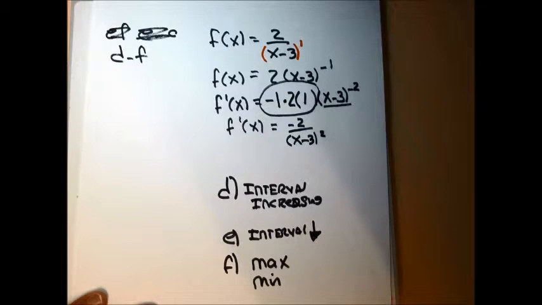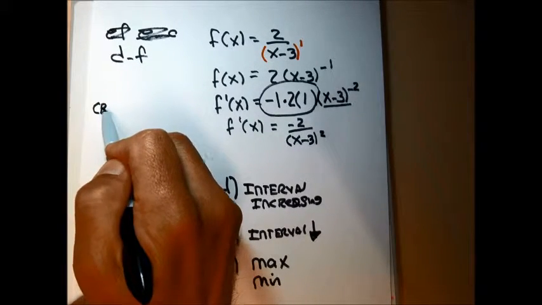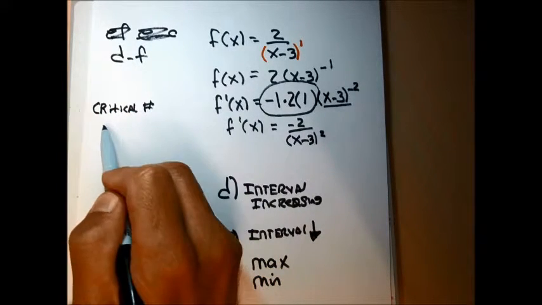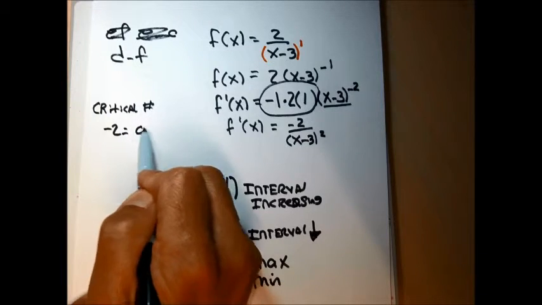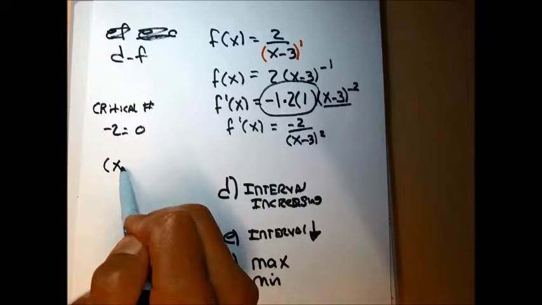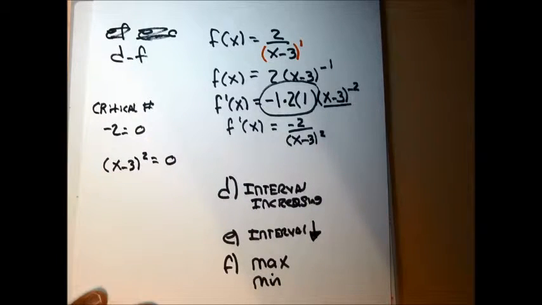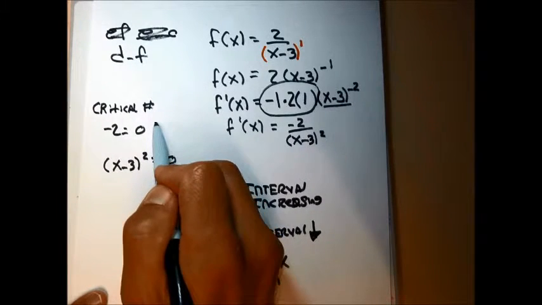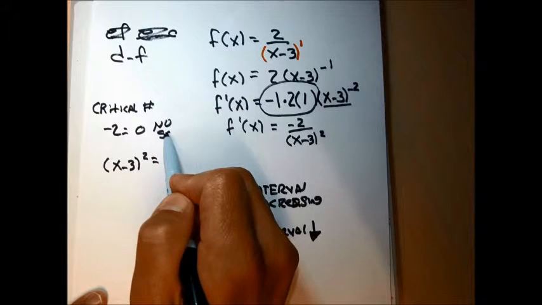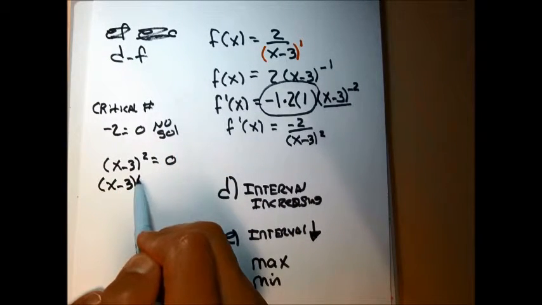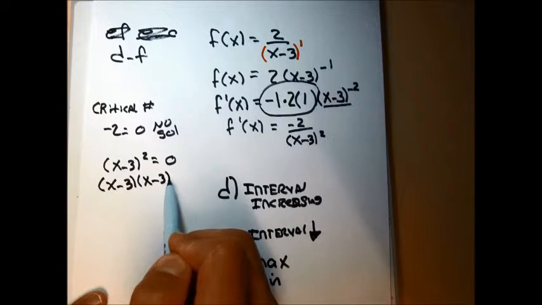And now I'm in a position where I can find critical numbers. For a fraction, you find critical numbers by taking the numerator and setting it equal to 0, and taking the denominator and setting it equal to 0. The numerator can never equal 0 because it doesn't have an x. For the denominator, it's enough to take x minus 3 and set it equal to 0.